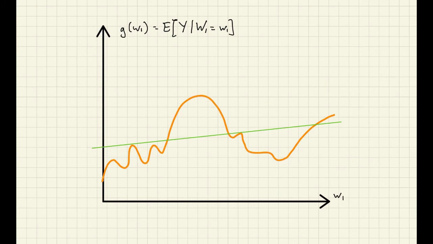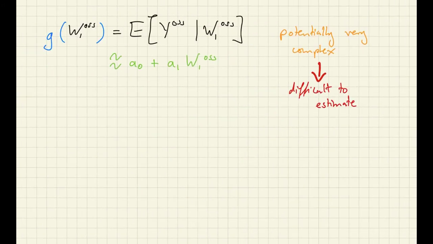So this might be too inaccurate. So we may actually want to replicate these bumps. Maybe replicating these small up and down movements is not necessary. But to replicate the shape like this, we would have to have nonlinear terms.